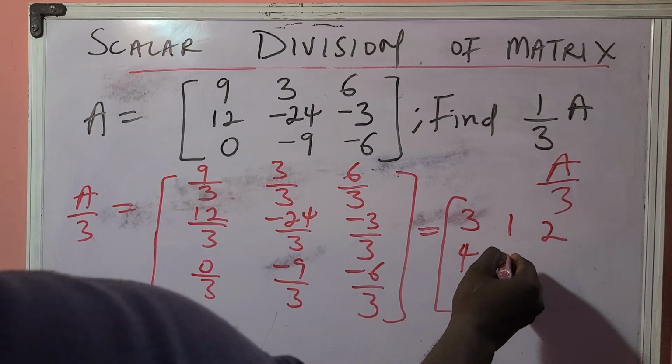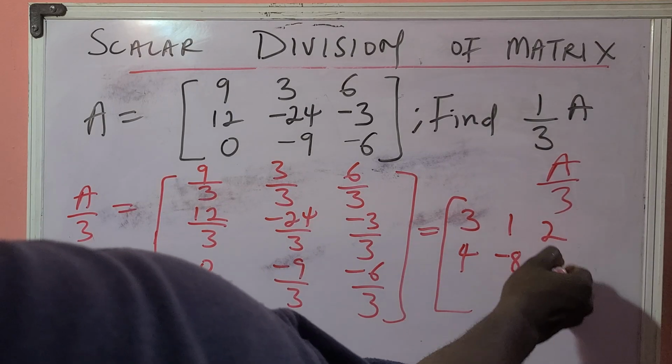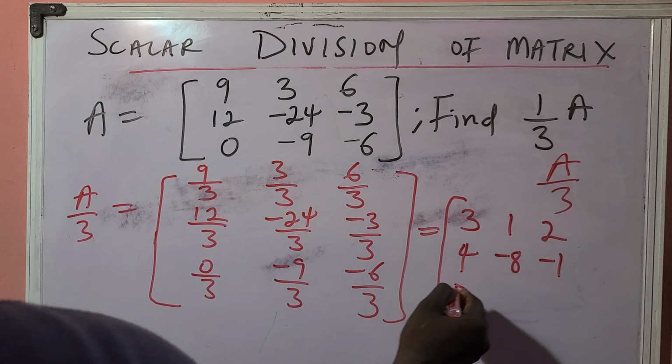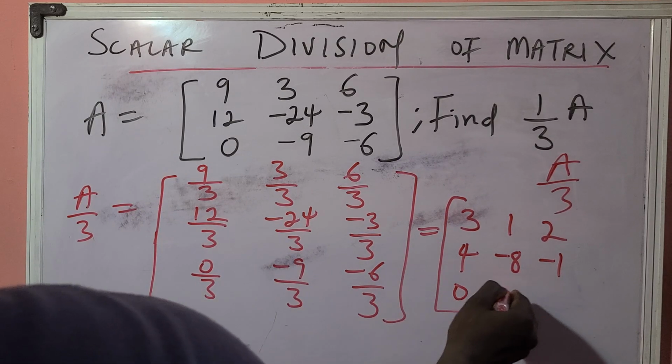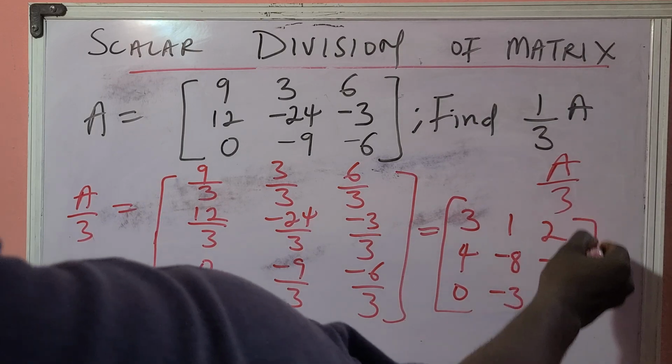Minus 24 over 3, that will be minus 8. Minus 3 over 3, that will be minus 1. And 0 over 3, that will be 0. Minus 9 over 3, that will be minus 3. Minus 6 over 3, that will be minus 2.